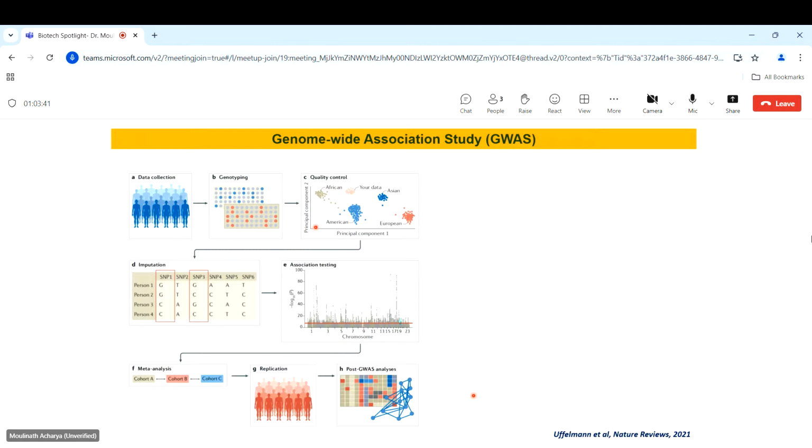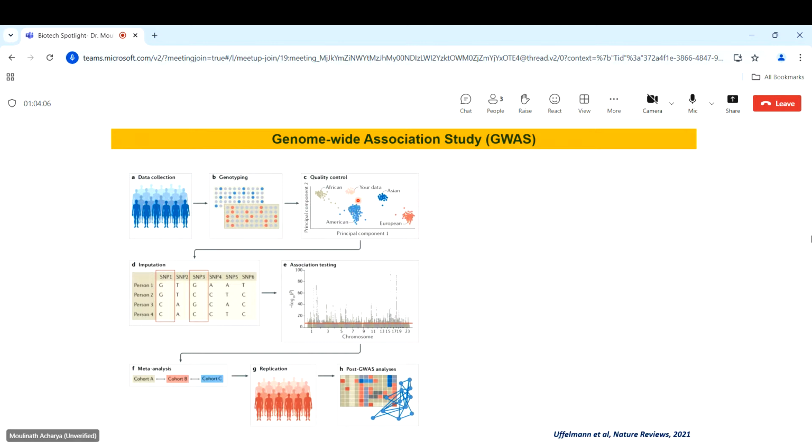So before we go into that, let's first look into what exactly a genome-wide association study is. So in a genome-wide association study, what we do is data collection and then genotyping. And then we are doing this genotyping in a case control design. So we need to see whether our cases and controls have the same genetic ancestry or not.